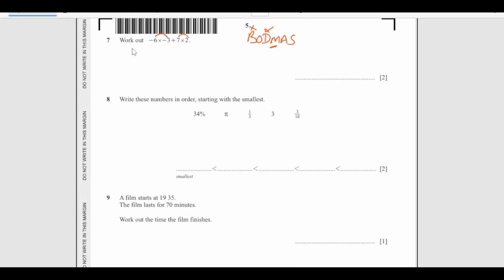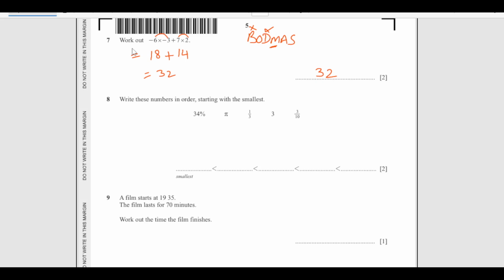I can see 2 multiplication signs here. So 6 times negative 3 is negative 18, and 7 times 2 is 14. Now you add these, and the answer is 32. Remember that you don't have a calculator here, you are doing all this without a calculator.